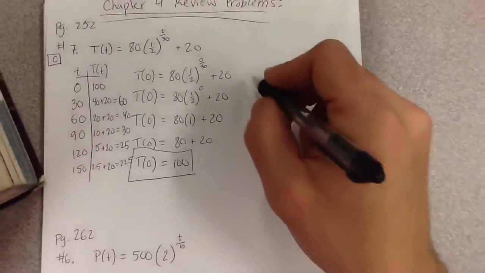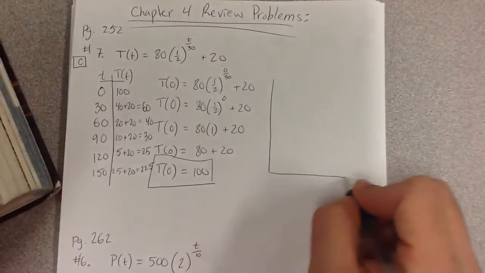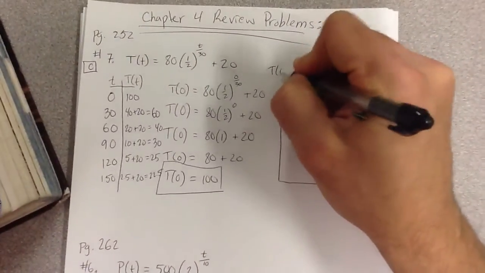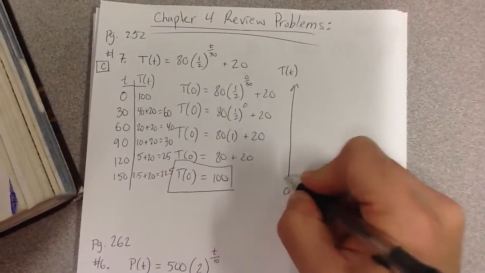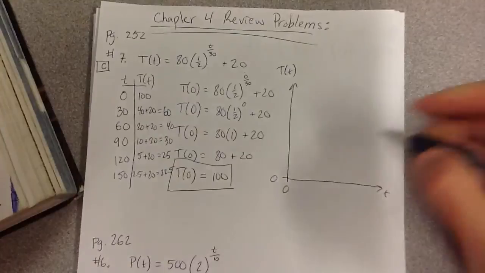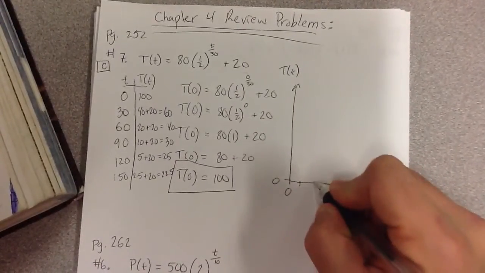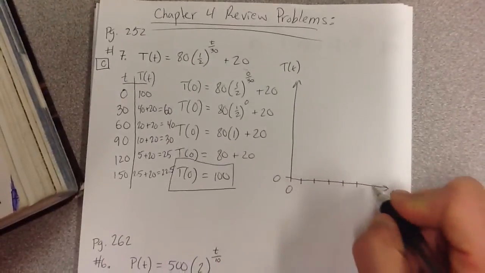Now, of course, you can go and graph this. You're going to end up with time and temperature as a function of time. And if you come up with a nice table of values, this is going to go up by increments of 30. So 30, 60, 90, 120, 150, 180.